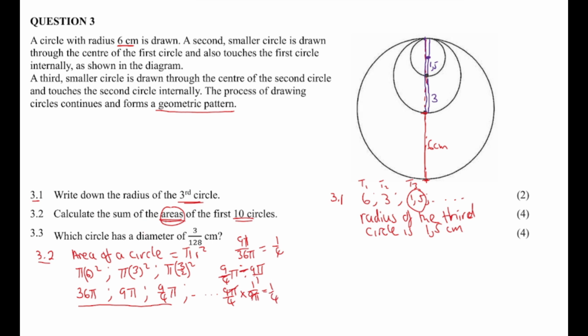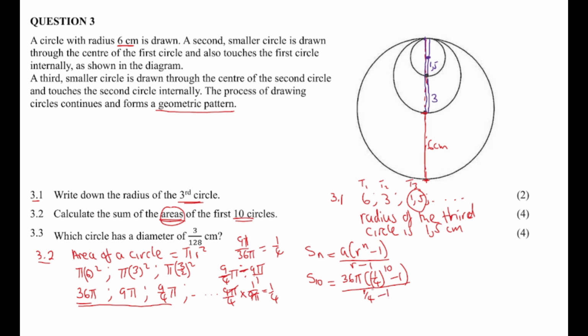So it says, calculate the sum of the areas of the first 10 circles. So we're going to use the formula Sn is equal to a times (r to the power n minus 1) over (r minus 1). The sum of the first 10 terms is going to be, our a is 36 pi, this is our first term, and then r is 1 over 4, to the power 10 minus 1, divided by 1 over 4 minus 1.